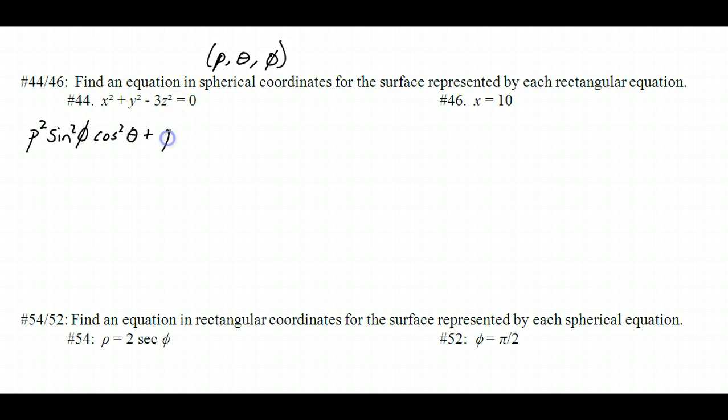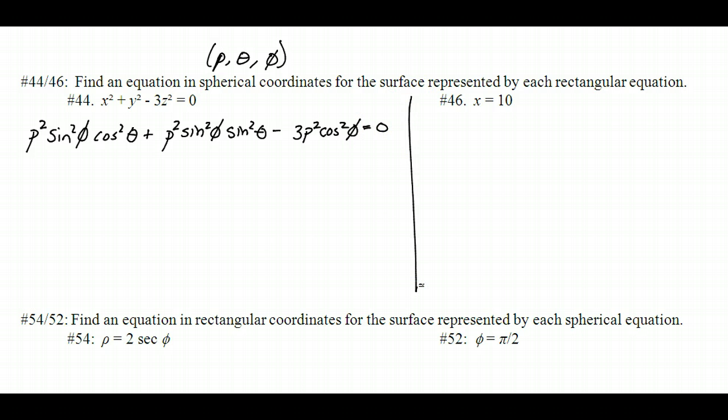Y squared is rho squared times sine squared phi, and now because it's y, it's sine squared theta. Minus 3, our z value, again, we can just remember that z is equivalent to rho times cosine phi. So then you just square it. So it's rho squared times cosine squared phi. And that equals 0.